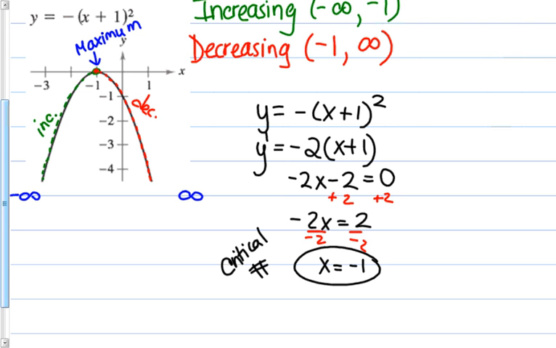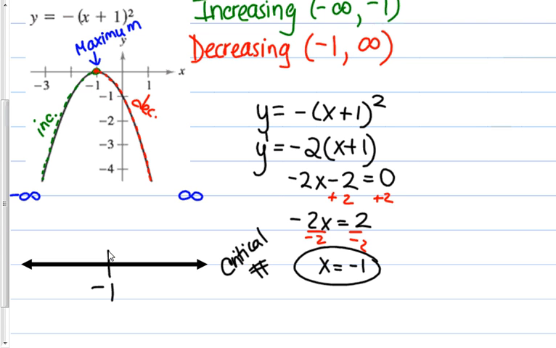So now I use that along with the sign chart. Okay, so here's my number line. X is negative 1. So then I have to find test values, values on either side of this number negative 1. If I had more than one answer, then I'd find test values on either side of each critical number.